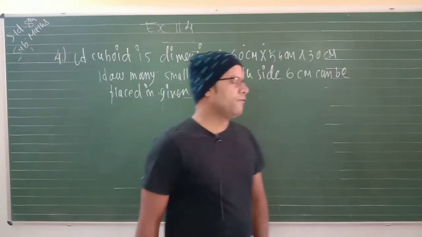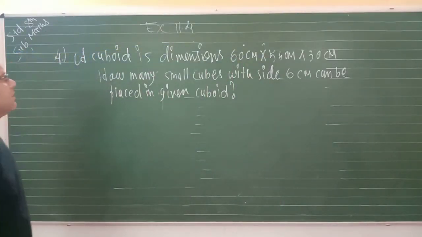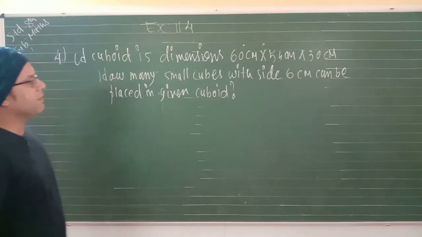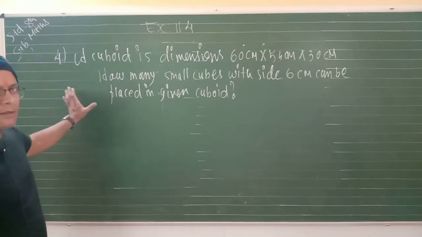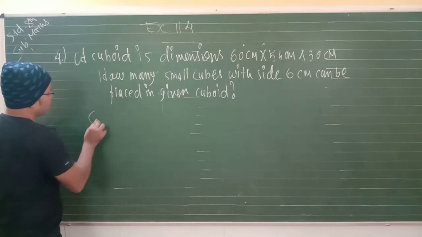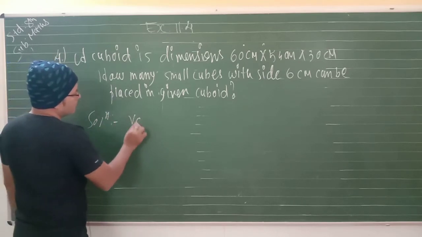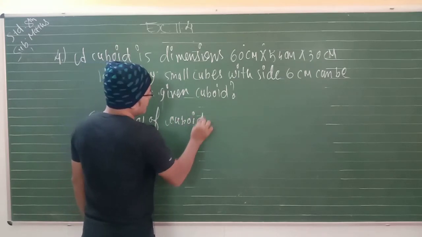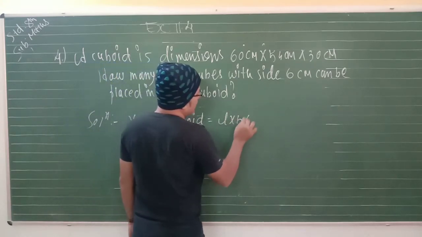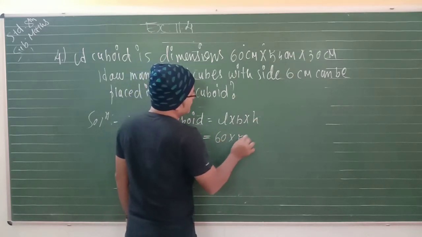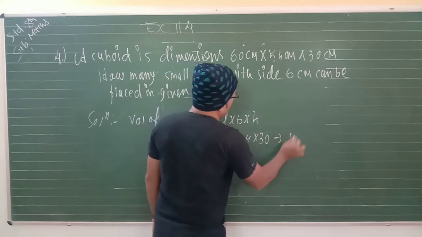And now sum number 4. Look at the sum. A cuboid is of dimension 60 centimeter into 54 into 30. How many small cubes with side 6 centimeter can be placed? Here the sum belongs to volume. Cuboid and cube both are given. So first of all, volume of cuboid is equal to L into B into H is equal to 60 into 54 into 30.